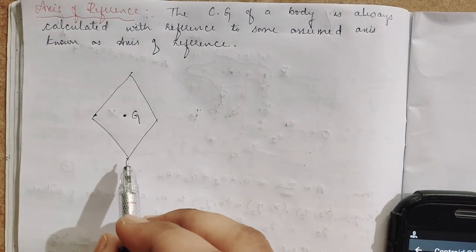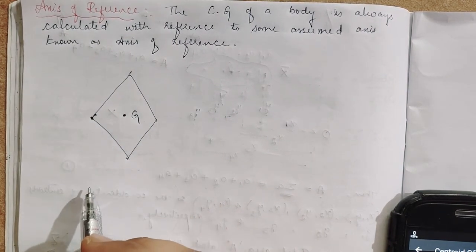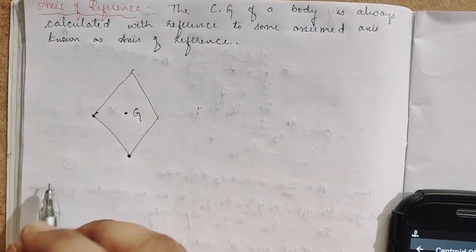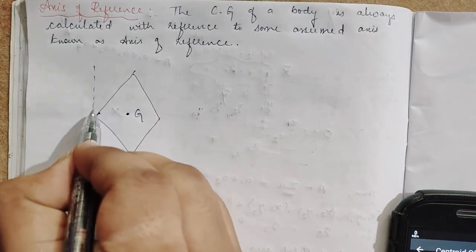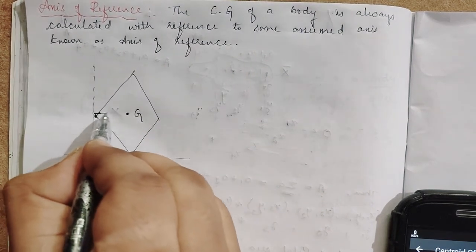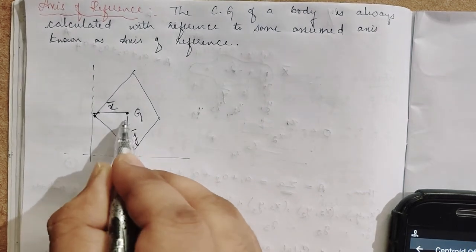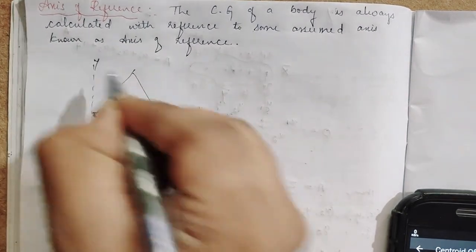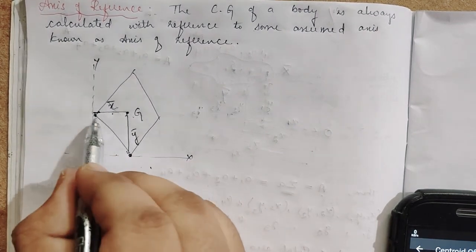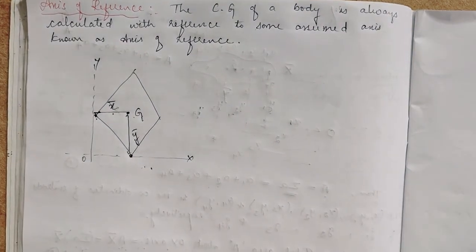Let us assume the leftmost point and the lowermost point of this figure as the axes. So this is x bar and this is y bar. Now we can tell this is our reference axis. With this reference axis, G is at a distance of x bar from the y axis, and G is at a distance of y bar from the x axis. Like that we can tell.